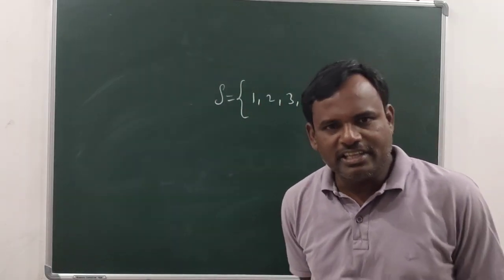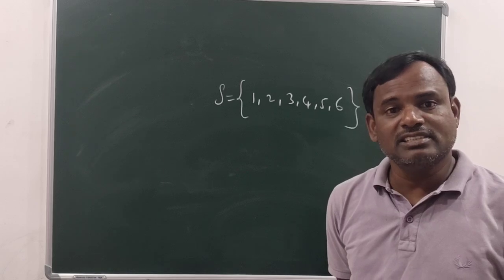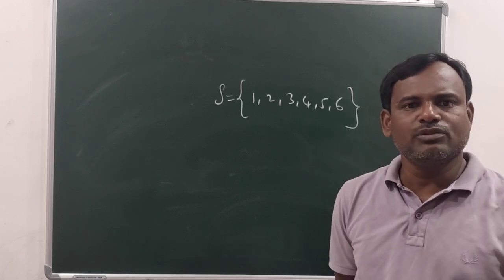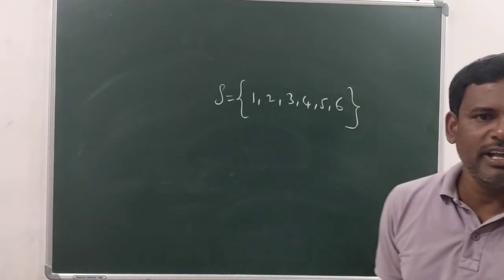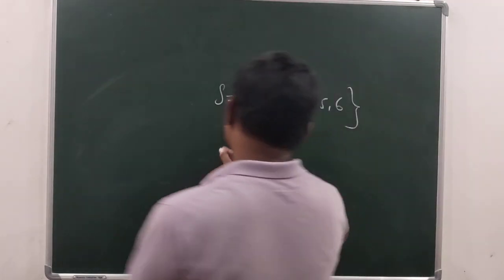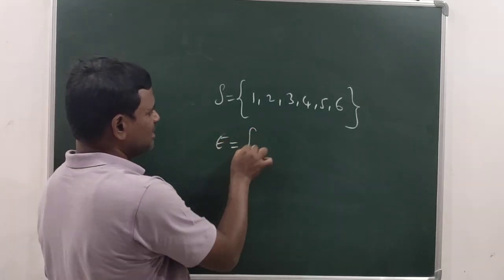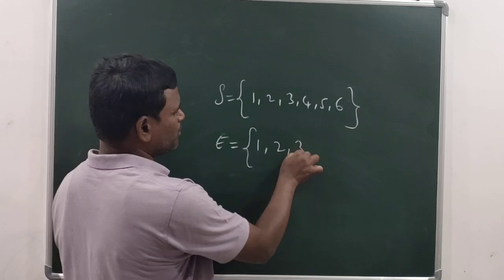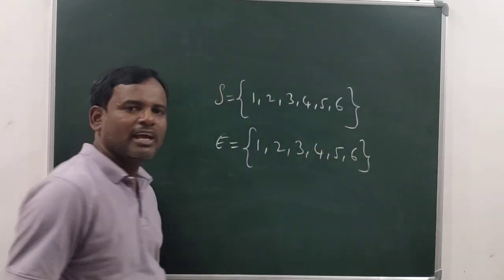There is an event E which represents getting 6 or less than 6 when we throw a dice. When you throw a dice, this is the sample space. Then what is the event? Getting 6 or less than 6, which means 1, 2, 3, 4, 5, 6. This is the event.